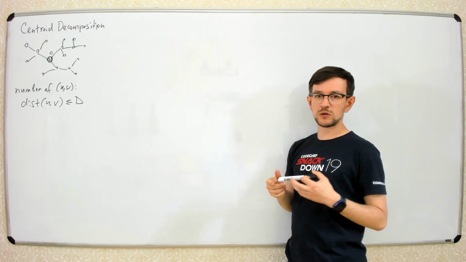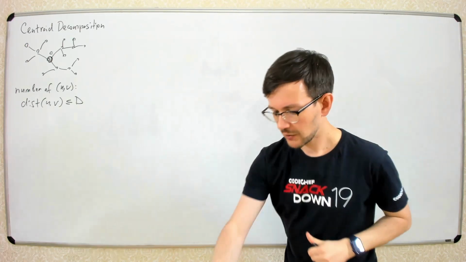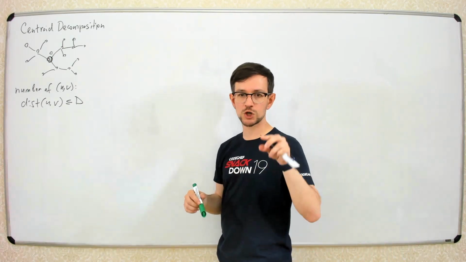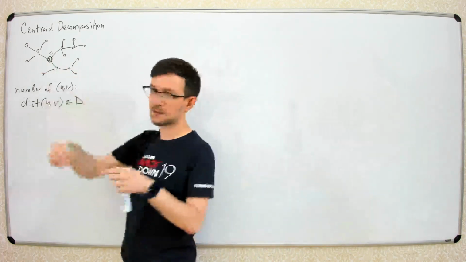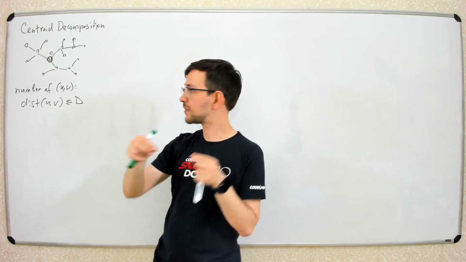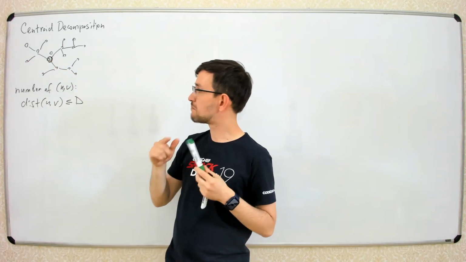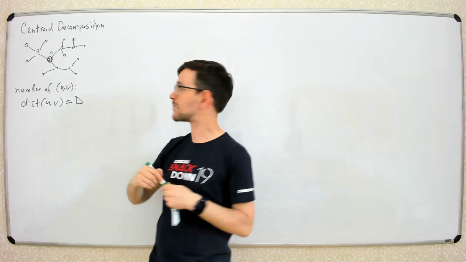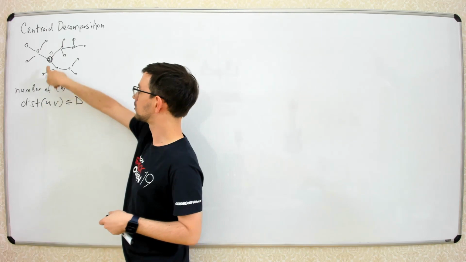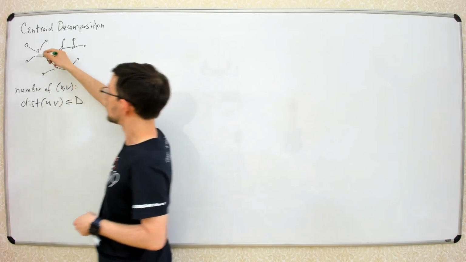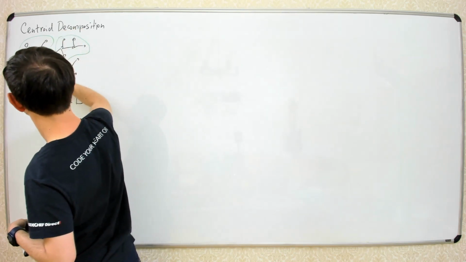And now I will split all possible paths into classes. First of all, let's look on all paths which do not cover this vertex C. So if I have some path from U to V, and this path does not include this node C, then this path is inside one of these subtrees.